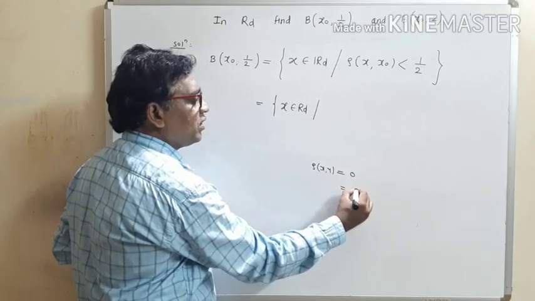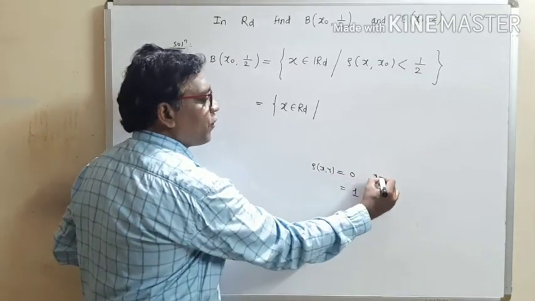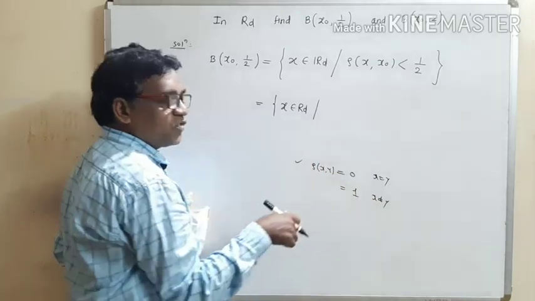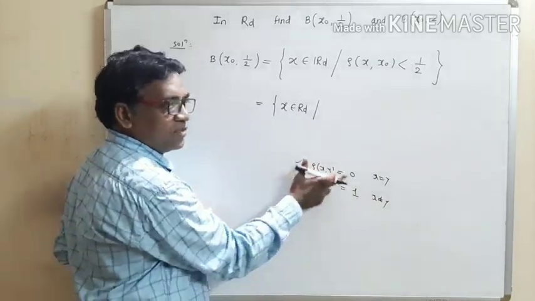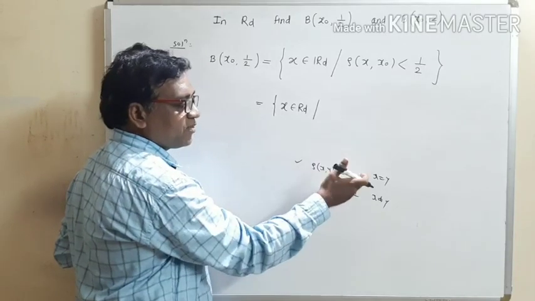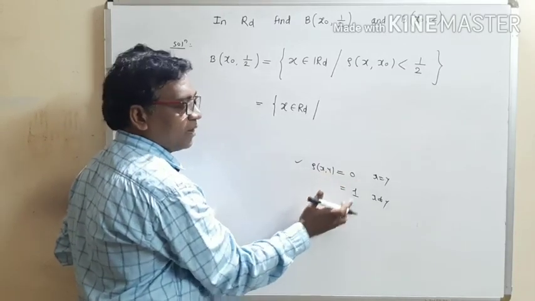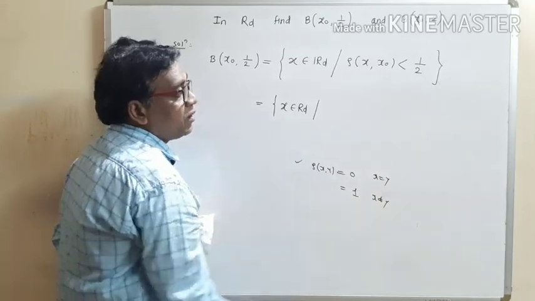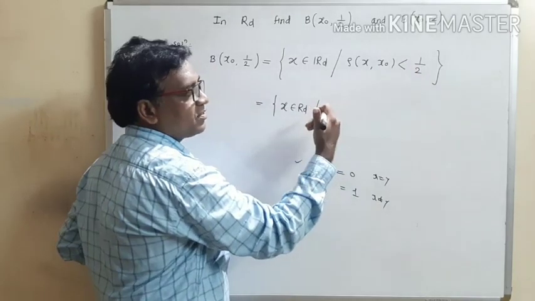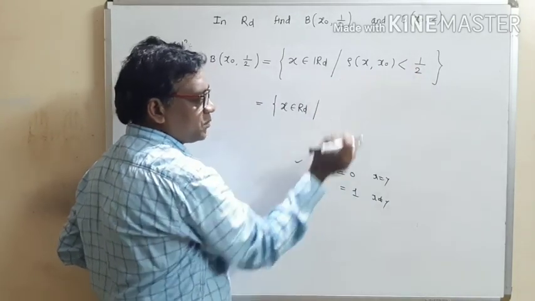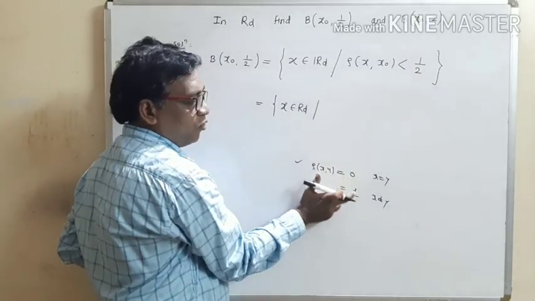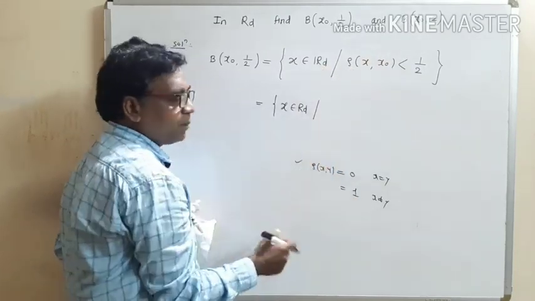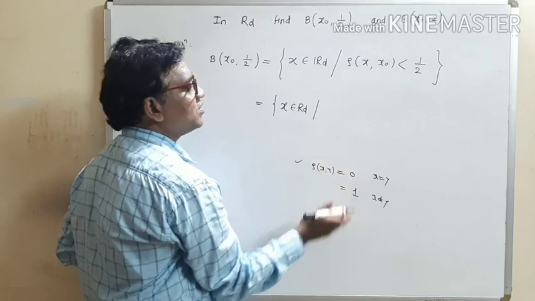Either it is 0 or it is 1. 0 means the points are equal and 1 means the points are different. Now we require less than 1/2 distance. Less than 1/2 means the possible number is 0; 1 is a greater number. We require a number less than 1/2, so our proper number is 0.